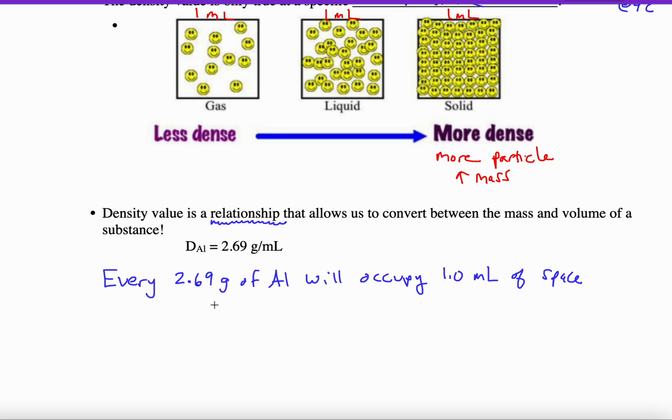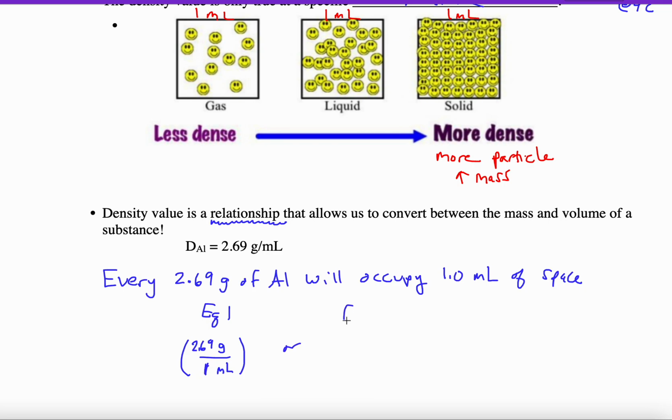There are two equivalences. Equivalence one would be the normal one, grams to milliliters: every 2.69 grams of aluminum will occupy that 1 milliliter.